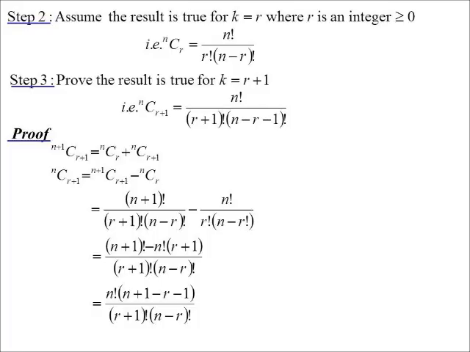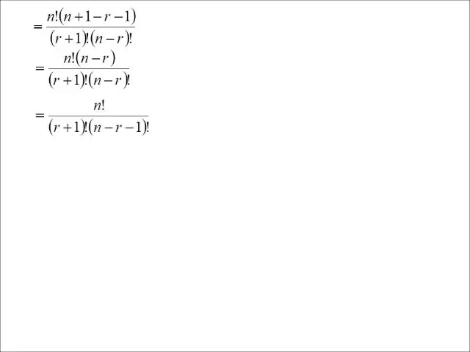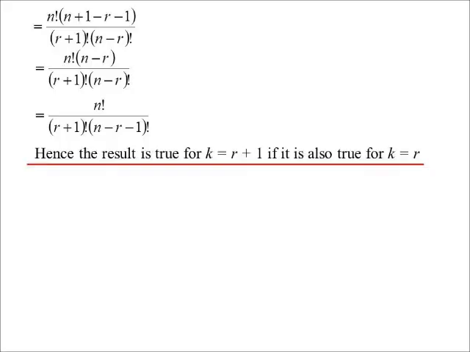Eventually, n plus 1 minus r minus 1, n minus r cancels with the n minus r factorial. And we have n factorial over (r+1) factorial, (n minus r minus 1) factorial. And I think that was what we were trying to prove. So there we go. Hence true for r plus 1, if it's also true for r.